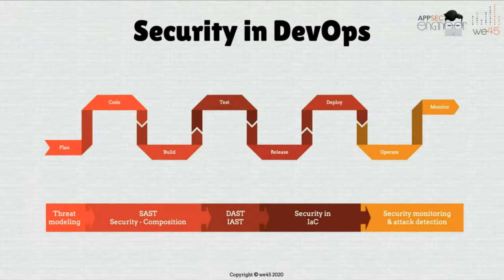So ideally, before you deploy your infrastructure as code onto your service provider, ensure that you are running checks for potential security misconfigurations in your cloud architecture. And finally, once it is deployed, you can start monitoring the application itself and also try to detect some of the attacks.